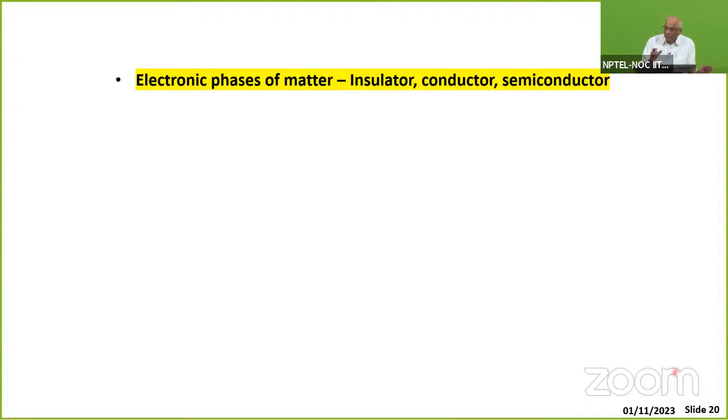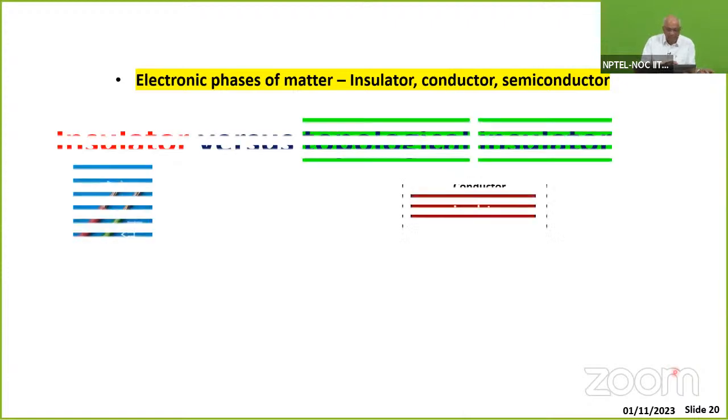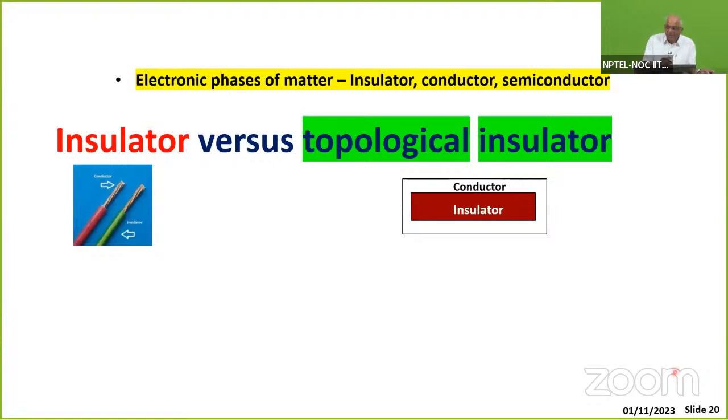So now, emergence and topology: we now reclassify the phases of matter. Electronic phases of matter are typically insulator, conductor, and semiconductor. But an insulator versus a topological insulator, the difference is this. In a typical insulator, you have inside a conducting copper wire, and the outside is an insulating plastic sheet.